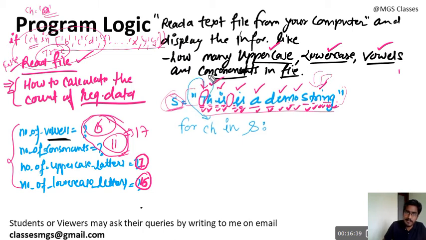First time t will come, second time h will come, third time a space will come, fourth time i will come, fifth time s will come, and so on up to the last g. This loop will execute as many times as the length of the string. So if there are, let's suppose, 10 characters, then this loop will execute 10 times.